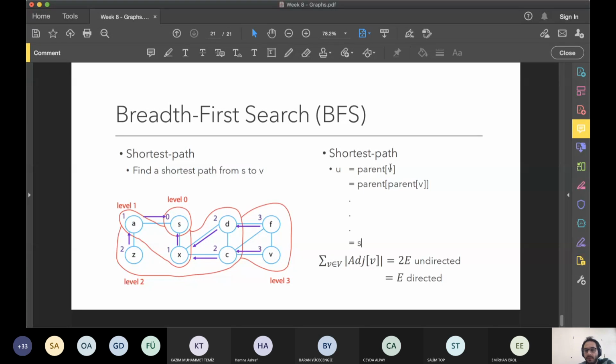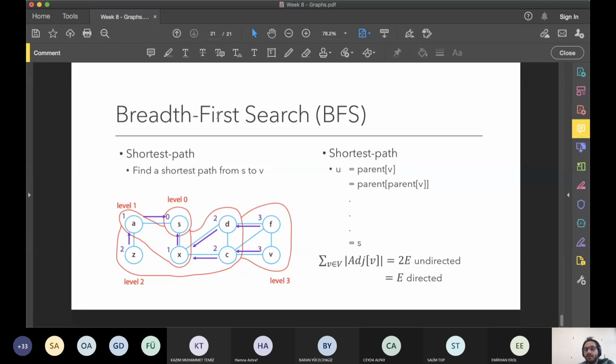If you would like to find the shortest path from S to V, we just need to go through the parents. If you need to see the next node from V, we look at the parent of V. The parent of V is C, the parent of C is X, and the parent of X is S. So this is the shortest path, basically.